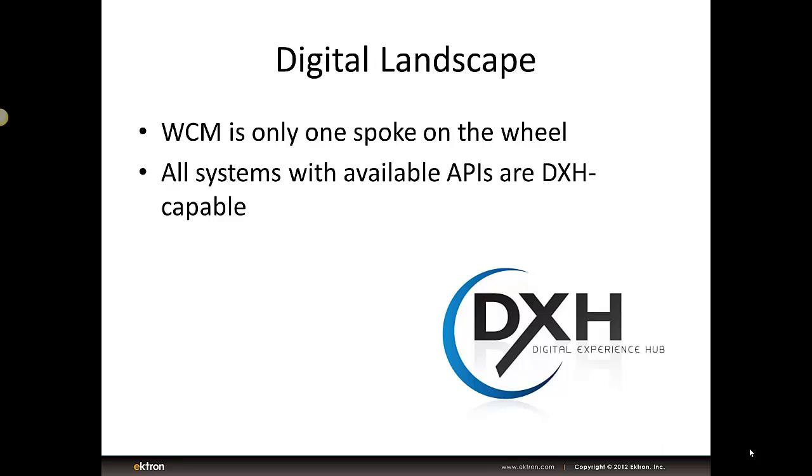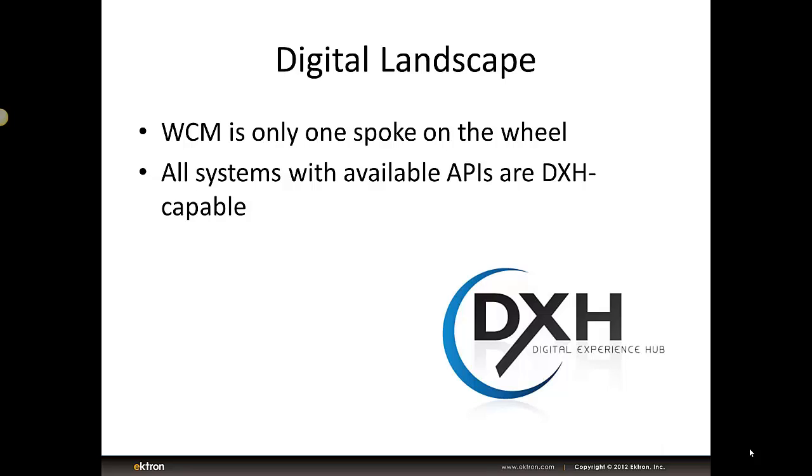And so the first step is to define your digital landscape. Web content management is just one spoke in that metaphorical wheel. The other systems, as I said, could be SharePoint, marketing systems, or even internal data stores. So all of these separate applications define your digital landscape, are part of your content strategy, and they all have something to contribute to your web presence. And any system that has available APIs is DXH capable.